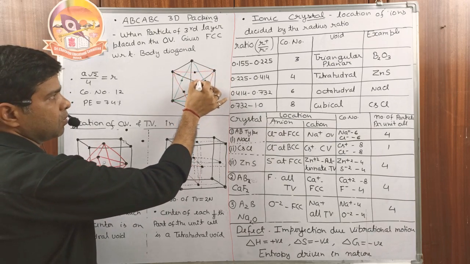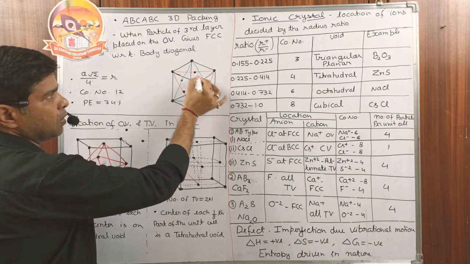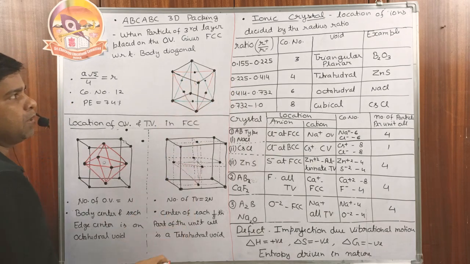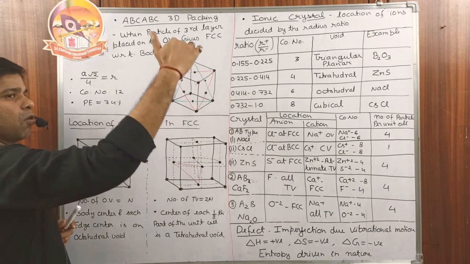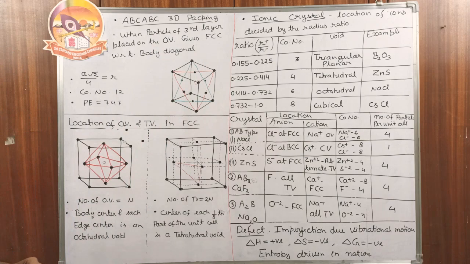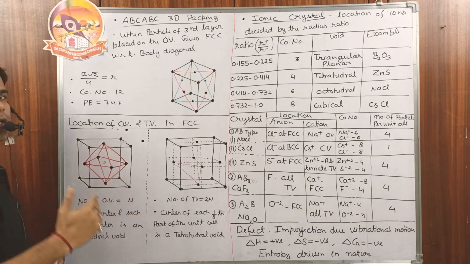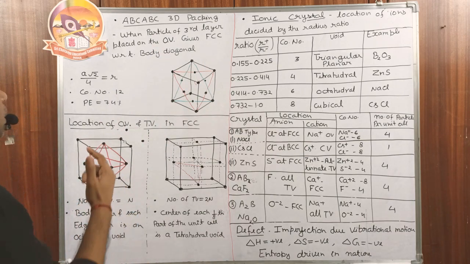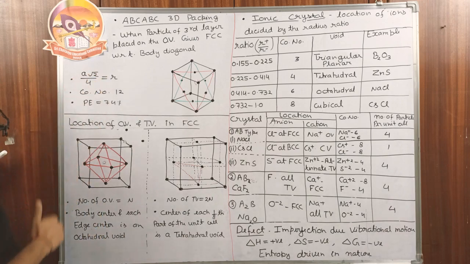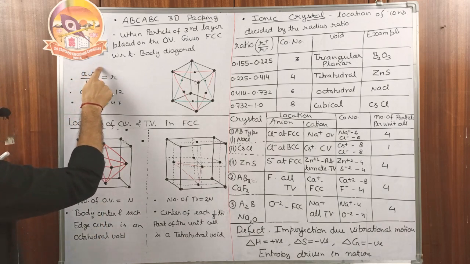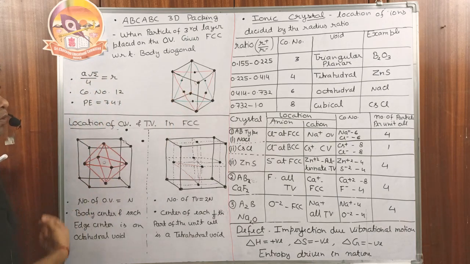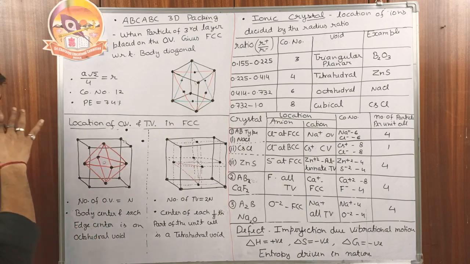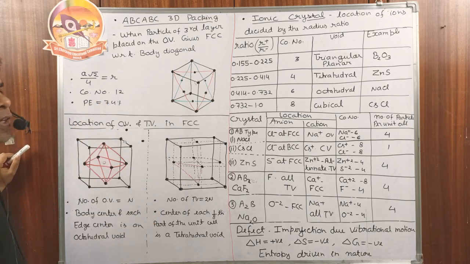If the first particle is A, then the red layer represents B, and then the green layer represents C. So across the body diagonal we have the formation of the FCC, that is called the ABC 3D packing. In this one, the radius and edge length relationship is a root 2 by 4 is equal to R. Coordination number is 12. One particle is surrounded by 12 particles, and packing efficiency is 74%.